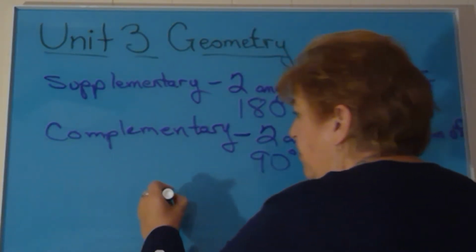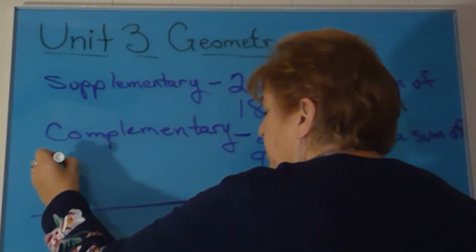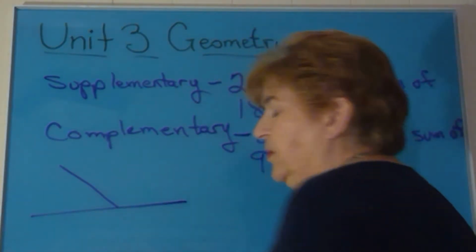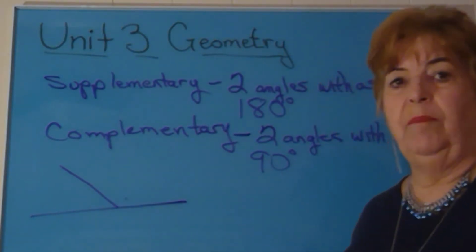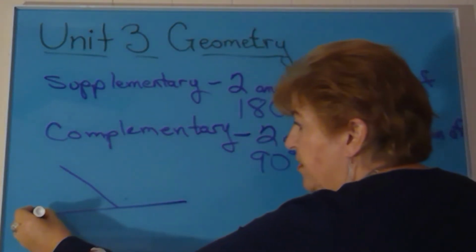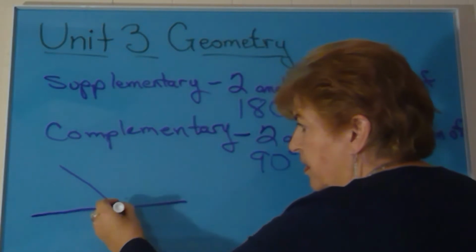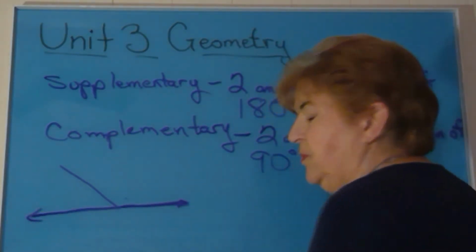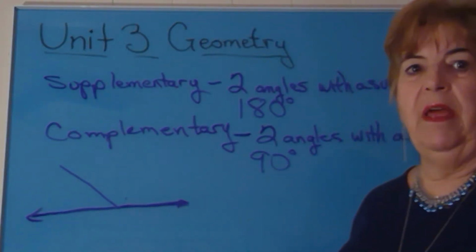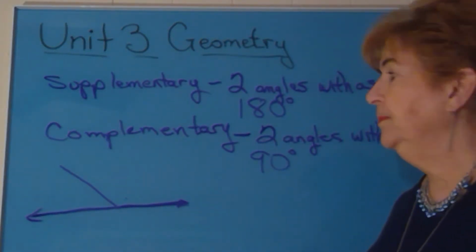If you have two angles on a straight line, you know that those two angles have to be supplementary because those form a straight line, and a straight line is 180 degrees.